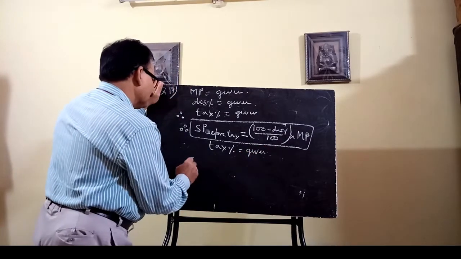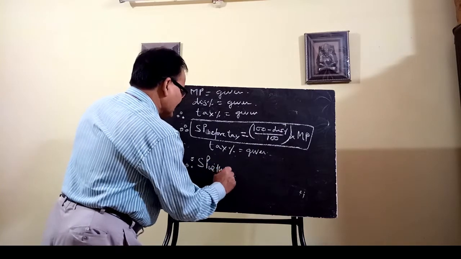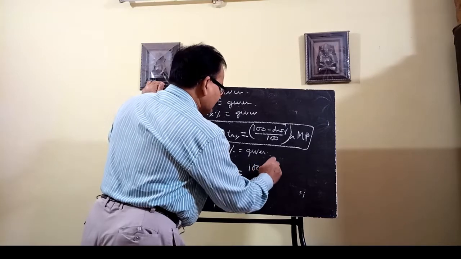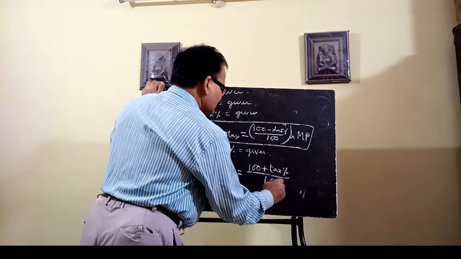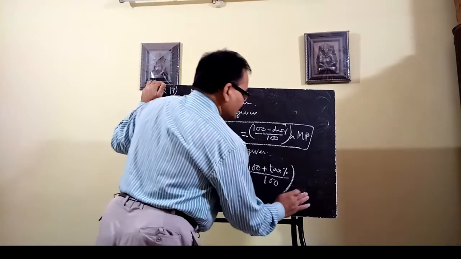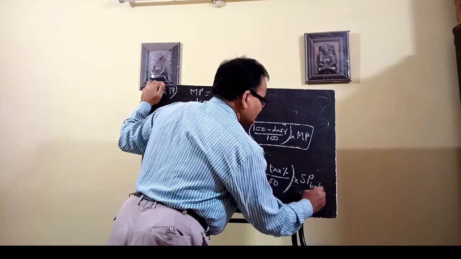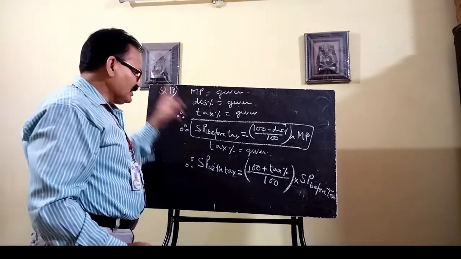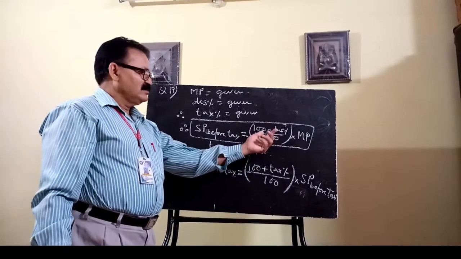Then tax percent is given. So SP with tax can be calculated by 100 plus tax percent by 100, into your SP before tax, that you have just calculated after discount.